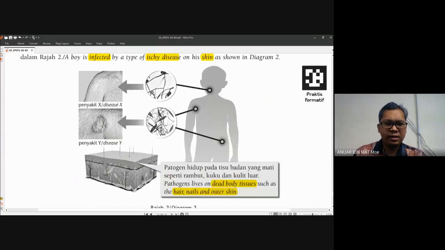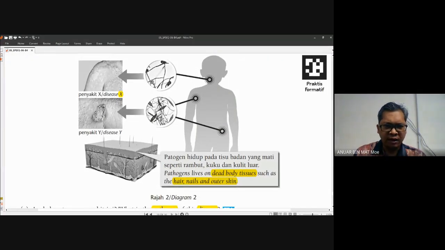According to the picture, X is just a white spot here, and for disease Y, we have the red inflammation. You can feel the condition, it is raised a bit, and you can feel the symptom of the skin disease.